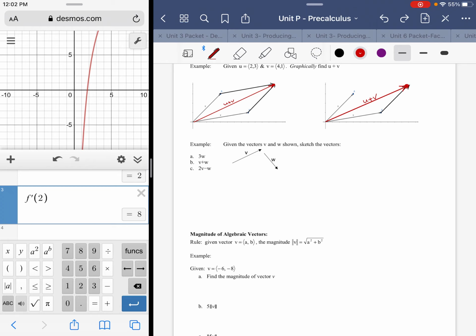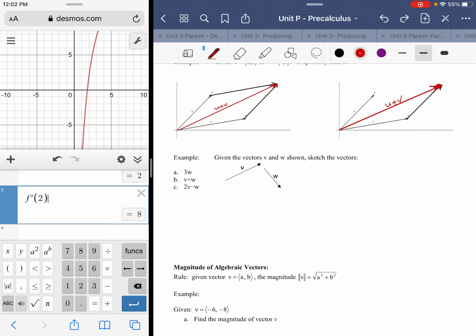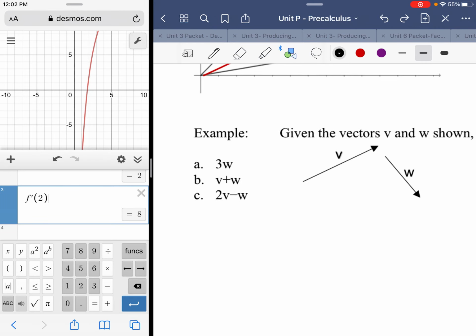So when we want to figure out certain things like a scalar multiple or a sum of vectors, or maybe a combination of the two, what we would want to do is use the information that's given. For example, in the case of the examples below, we have vector w, which looks like this for the most part.